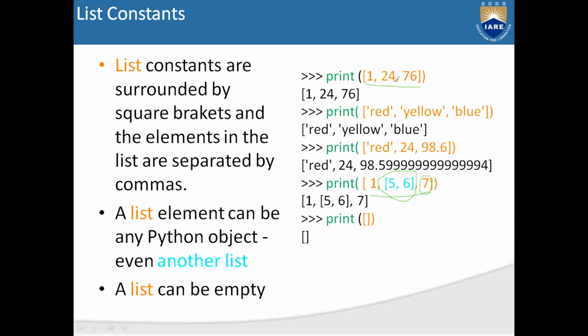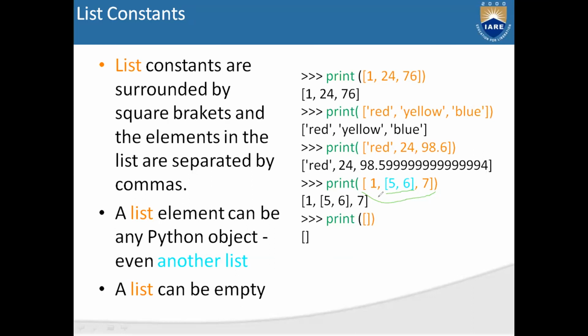Integer. Right? So now if I am printing this list, so list within list is there, you observe. List within the list again. That means a list can have elements either integers or strings or floating, or it may be a list, or it may be something else also, which we are going to discuss further.